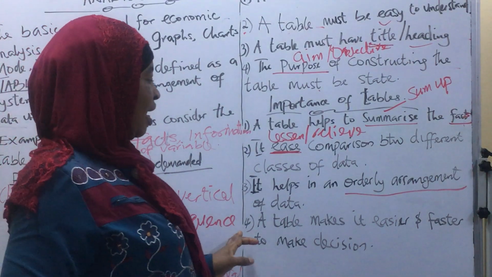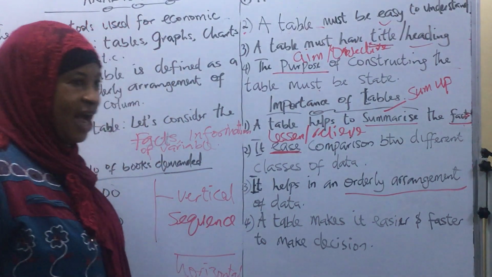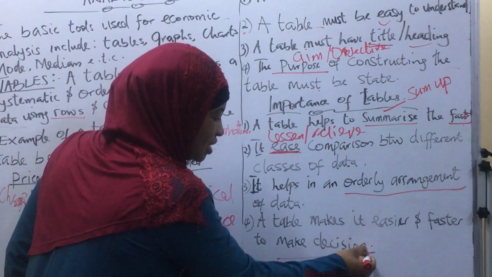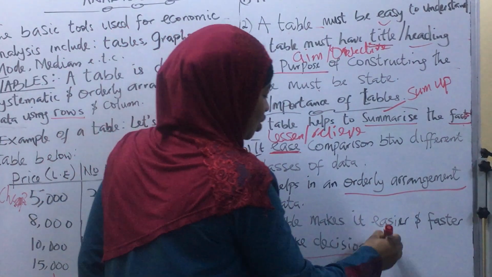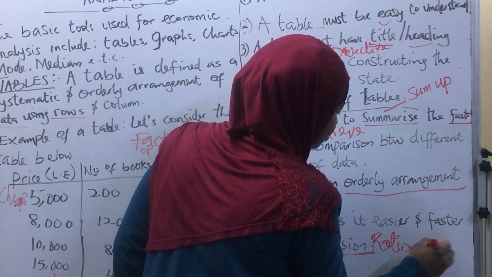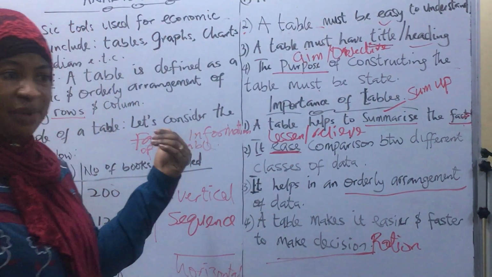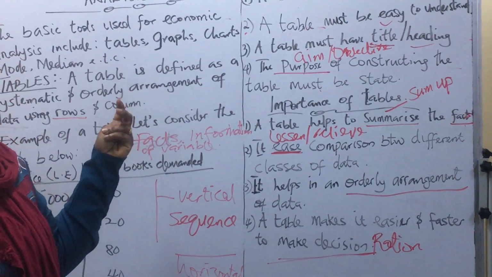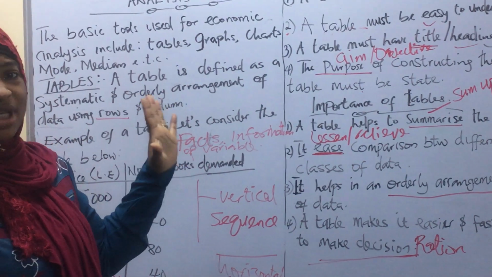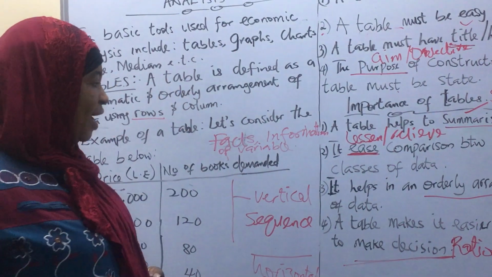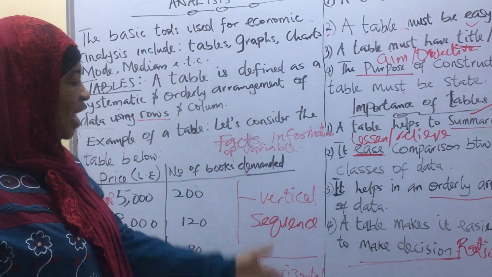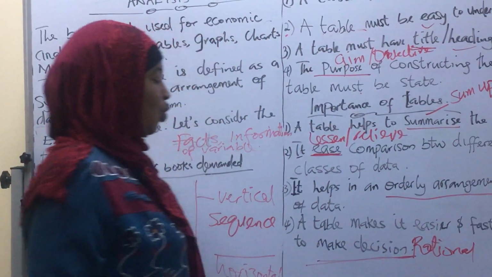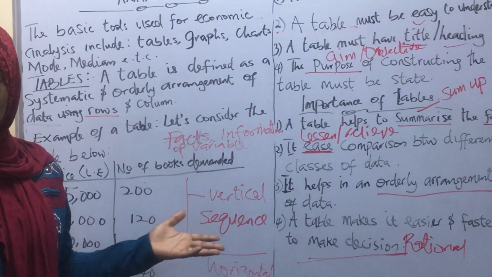Then, a table makes it easier and faster to make a decision, or what you call rational decision making. From the basic concepts of economics, we have choice, want, scale of preference, opportunity cost, and the others. So using a table here helps us to make a rational decision.